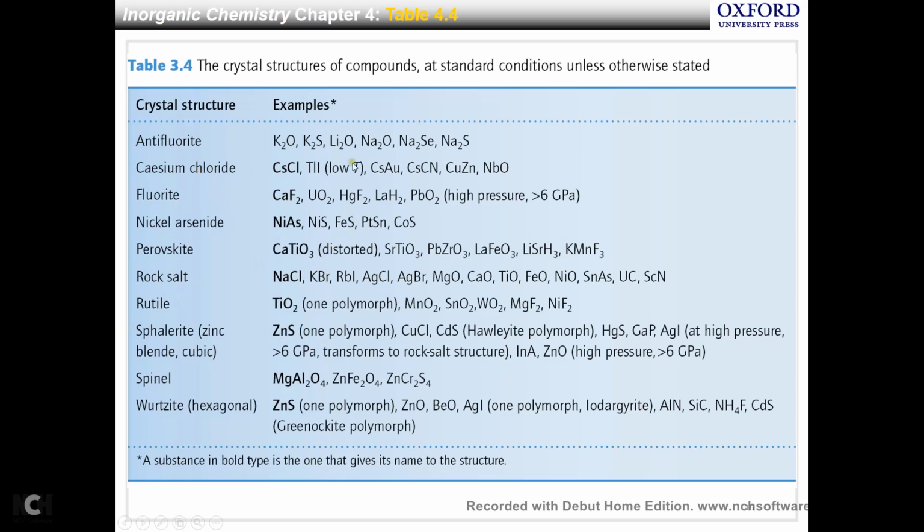And this is also a very common crystal structure. For example, cesium chloride. Each cesium is surrounded by 8 chloride. Each chloride is surrounded by 8 cesium ions.